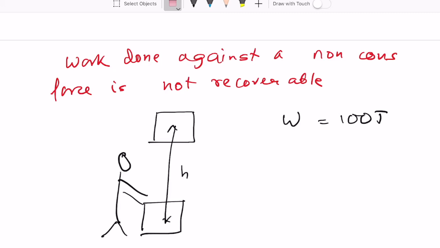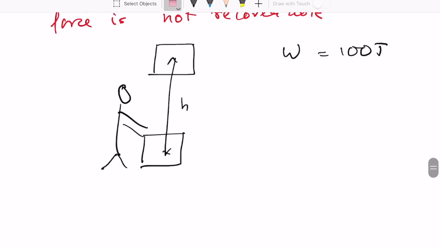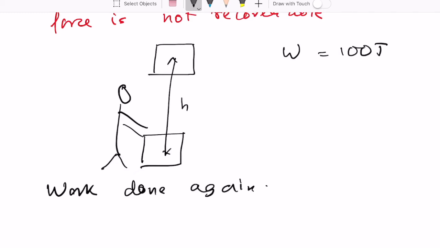But the point is that when you do work against a conservative force, the work done against a conservative force is recoverable.